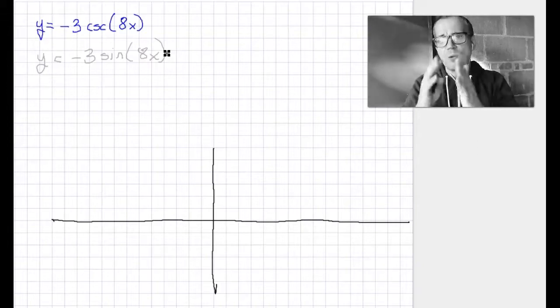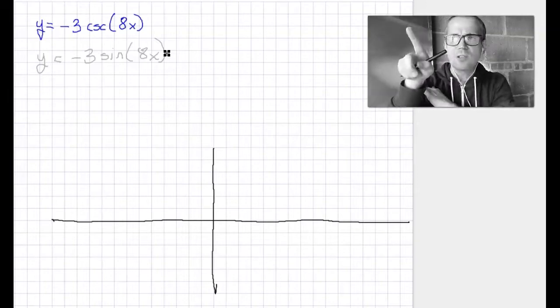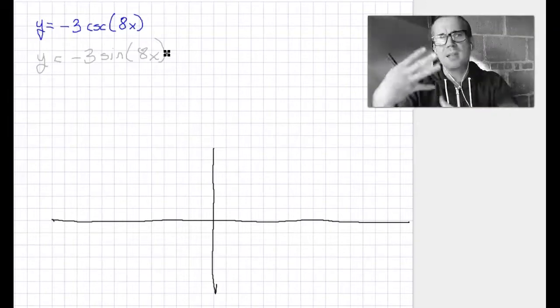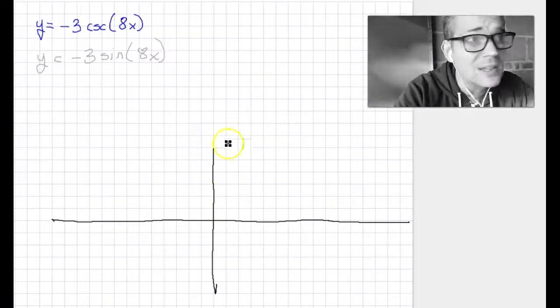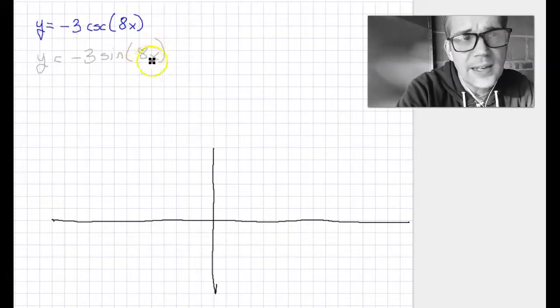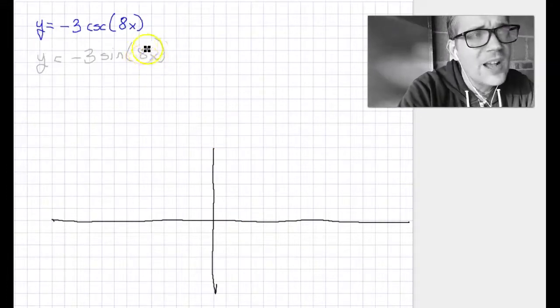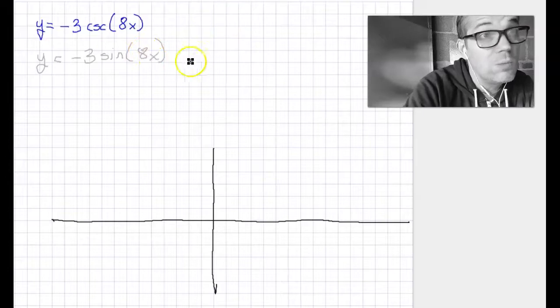We know that whatever sine's doing at 0, it does that full rotation around the unit circle, and once it hits 2 pi, it just starts to repeat itself over and over again. The standard sine does. So I just need to think, what value of x makes me take the sine of 0, and what value of x makes me take the sine of 2 pi? I'll be taking the sine of 0 whenever 8x equals 0.